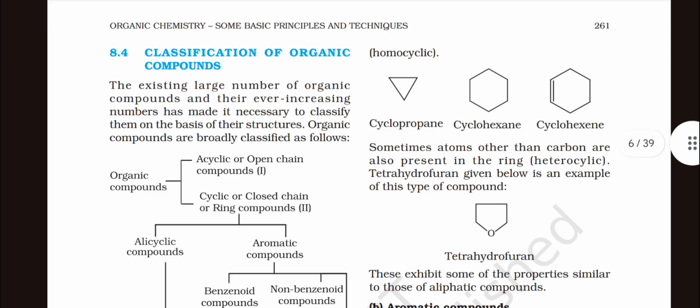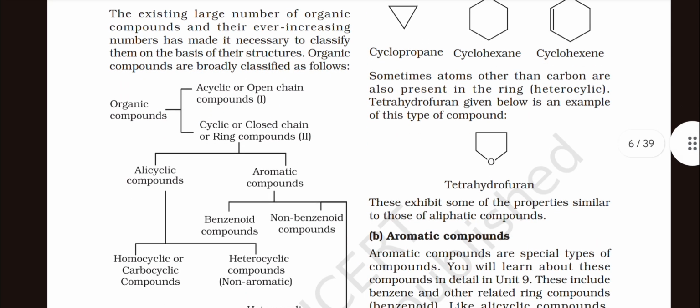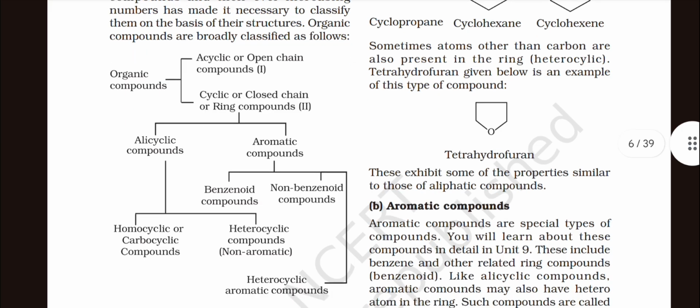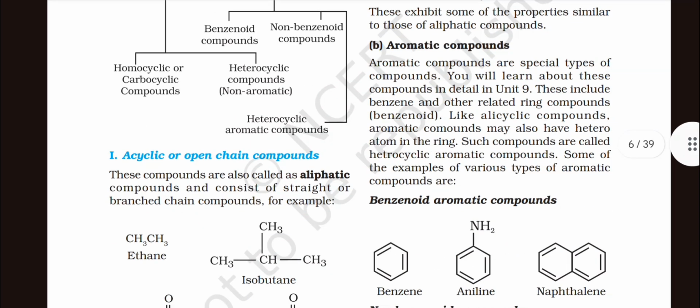Organic compounds are broadly divided into two parts: first, acyclic or open chain compounds; second, cyclic or closed chain or ring compounds. Cyclic compounds are divided into two parts, alicyclic compounds and aromatic compounds. Alicyclic compounds are divided into two parts, homocyclic or carbocyclic compounds and heterocyclic non-aromatic compounds. Aromatic compounds are divided into three parts: benzenoid compounds, non-benzenoid compounds and heterocyclic aromatic compounds.